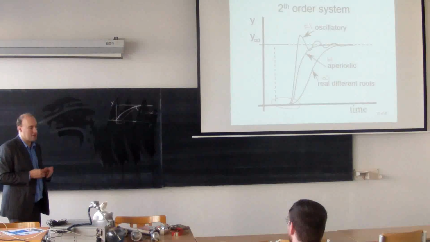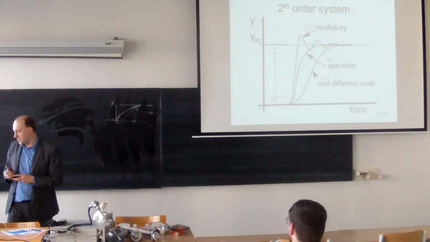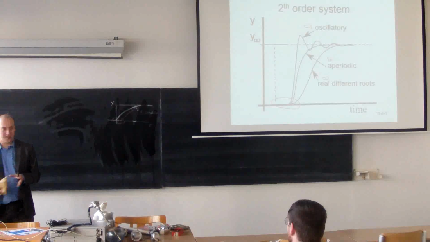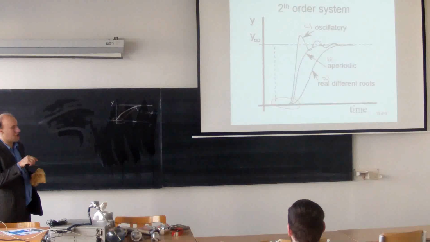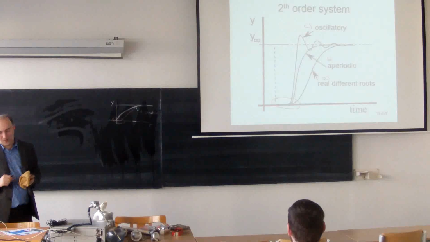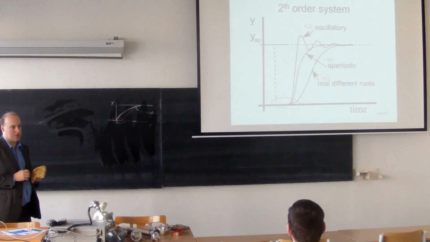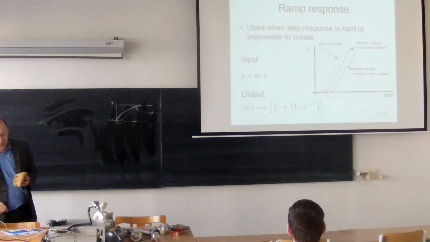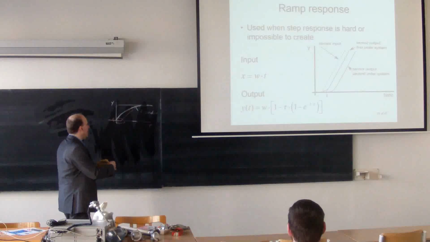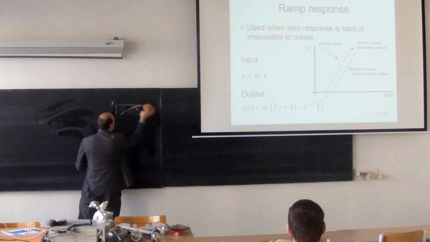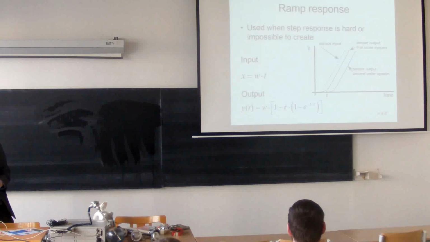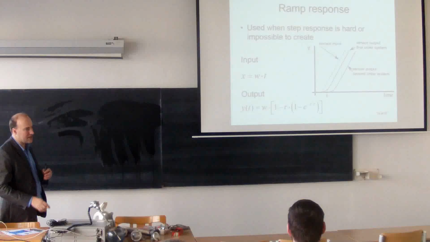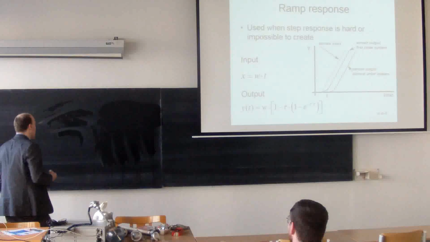We can measure the response of such a system, but we will now modify it. It will no longer be a fast change, but it will be a ramp response. So it means that we will slowly increase the input value, and we will watch what is happening on the output.